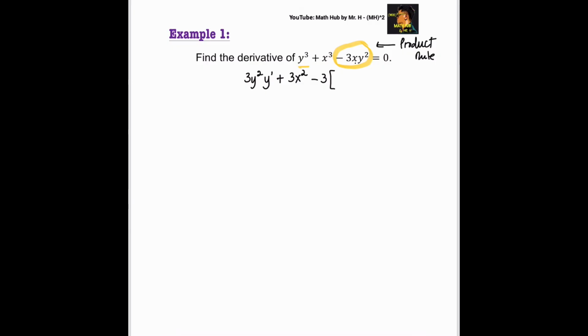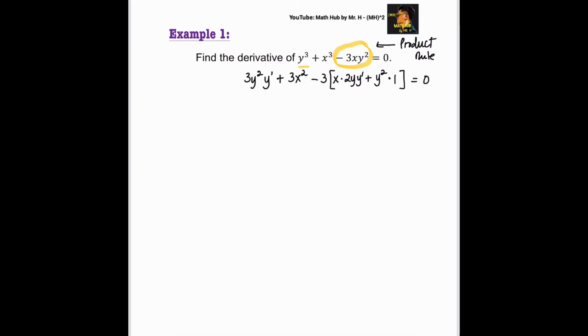To apply the product rule, we take x first times the derivative of y squared, so it's going to be 2y y prime, plus we take y squared times the derivative of x, which is 1, then equal to 0.